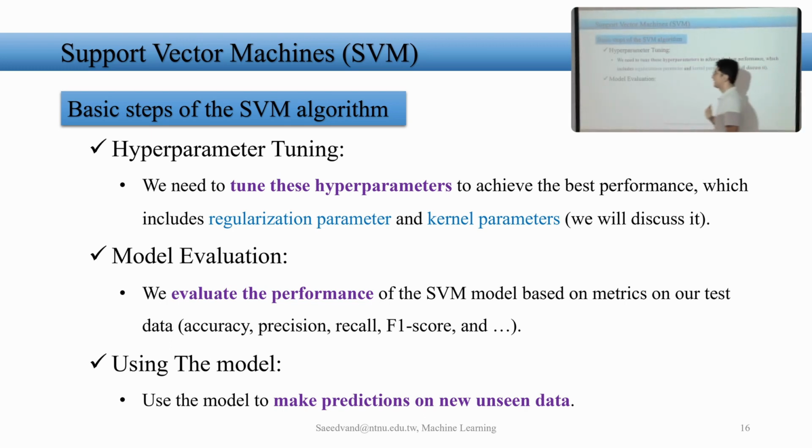After hyperparameter tuning, we have model evaluation, which you now know how to do clearly. We evaluate the performance of the model, for example, with accuracy, precision, recall, F1 score, or cross-validation itself. When we've done all of these, we can use our model. And what does it mean?